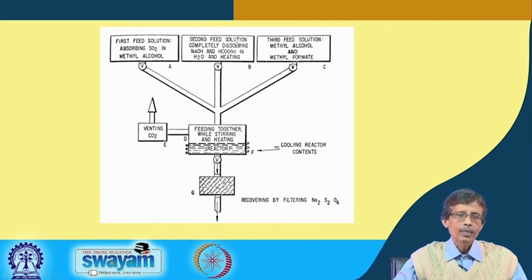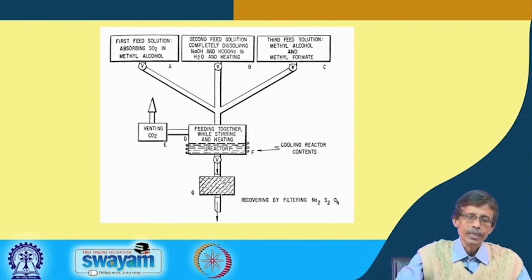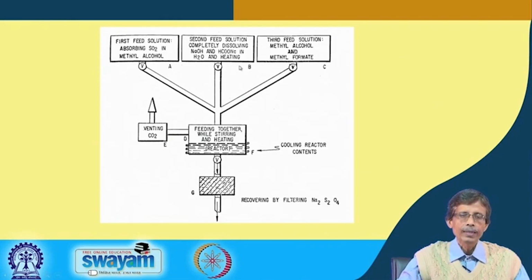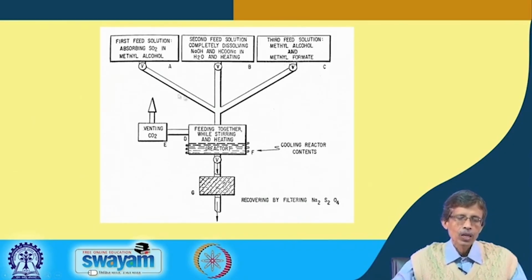The second is again a feed solution, dissolving NaOH and sodium formate in water under heating. That means you have sulfur dioxide as A, the first feed, then the reducing agent as B, sodium formate, and also some solvent medium in terms of methyl alcohol and methyl formate. So, three of them we mix together and feed together while stirring and heating the reactor.